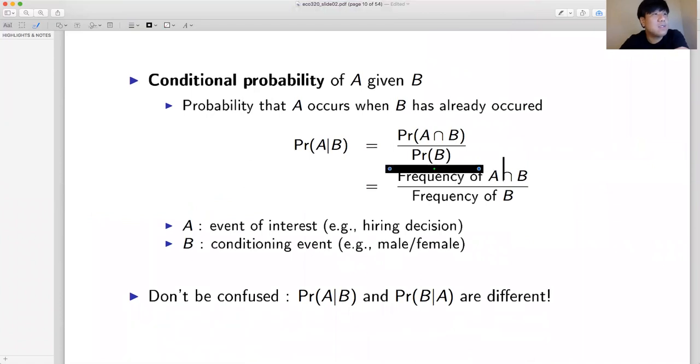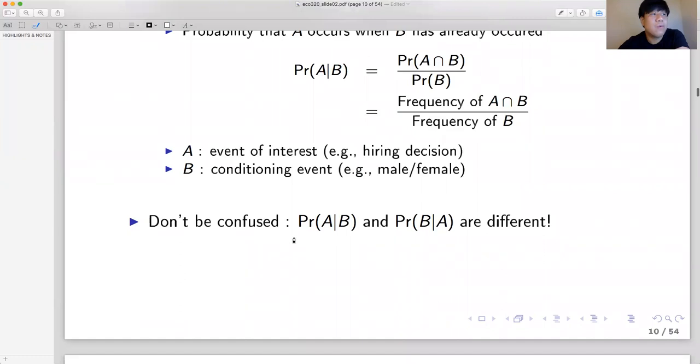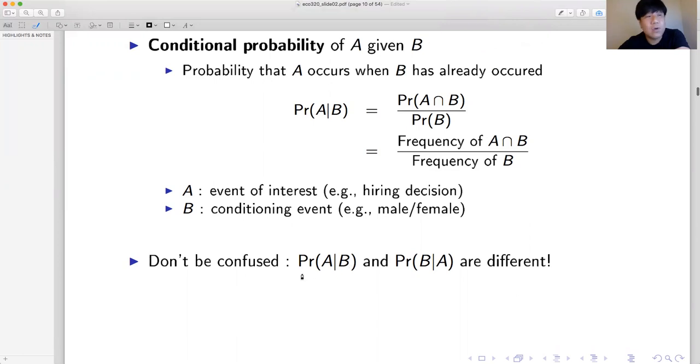So the next step is something you want to do. A is the event of interest, and this is the conditioning event. This is quite important. The probability of A given B is not equal to the probability of B given A. As a homework, I'm not sure whether I'm going to cover it later, but try to see why these are not the same.